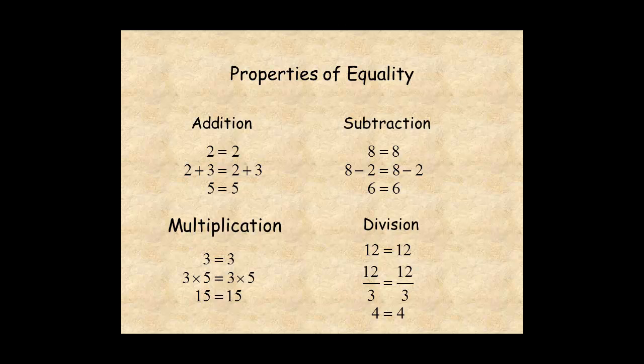The properties of equality say that if you perform the same operation on both sides of an equation, it remains true. For the addition property, the example starts with 2 equals 2, which is a true statement. When you add 3 to both sides, you get 5 equals 5, which is still true.